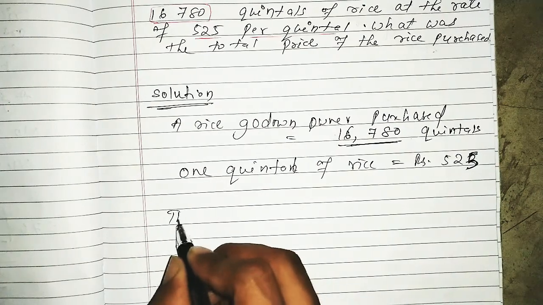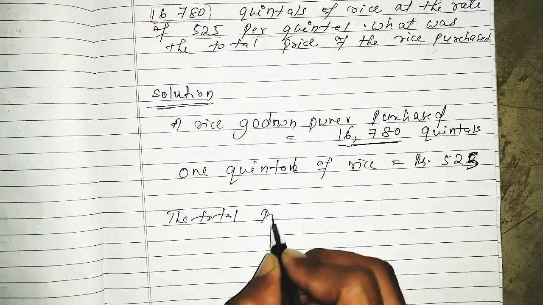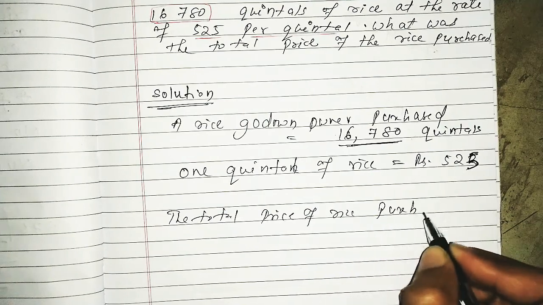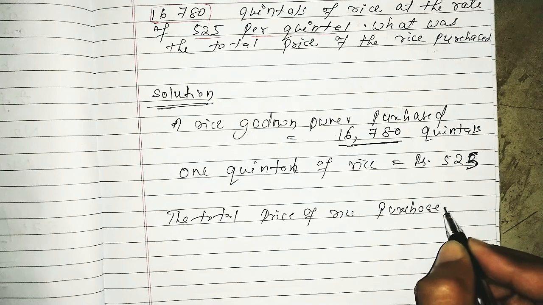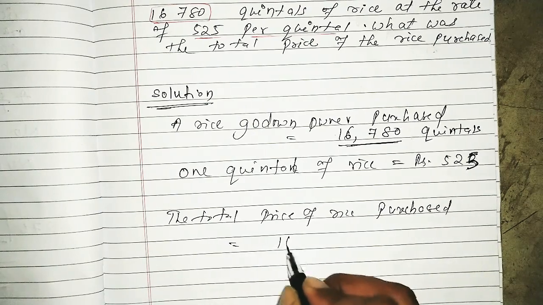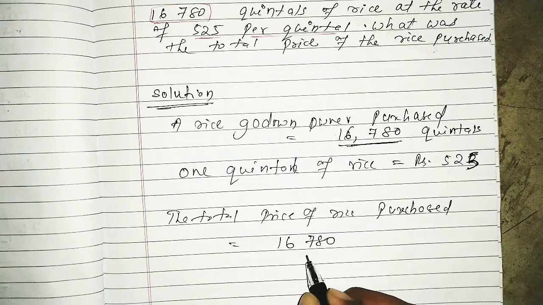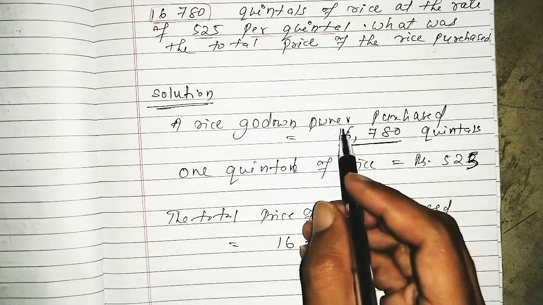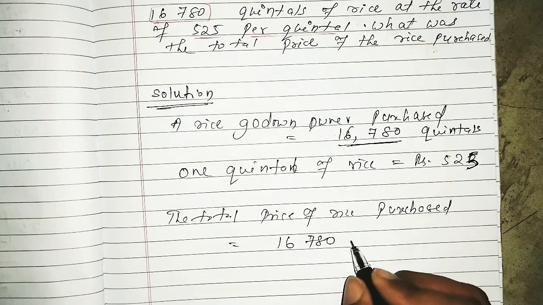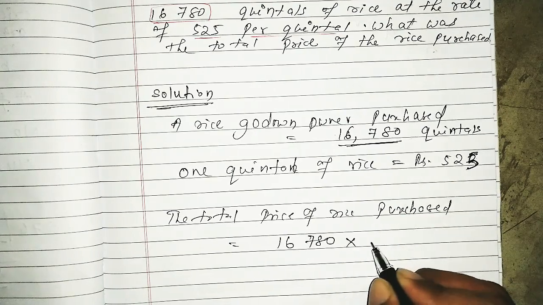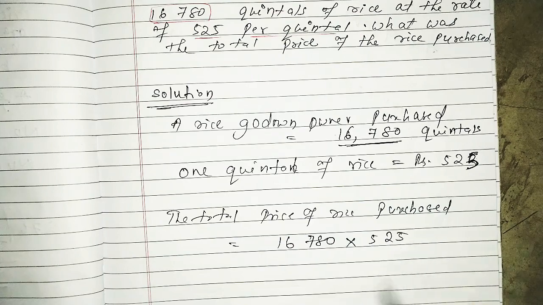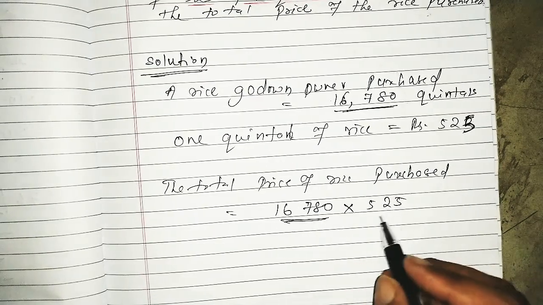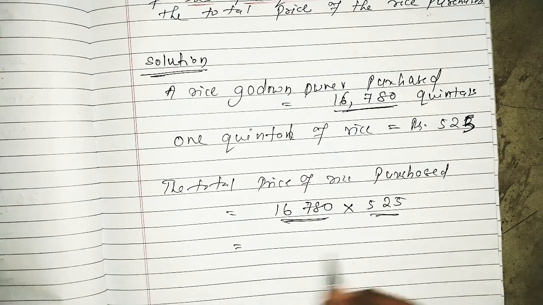So the total price of the rice purchase is equal to 16,780, the total purchase by the godown owner in quintals, multiplied by 525. If you multiply the total purchase by the per quintal price, you will get the answer.